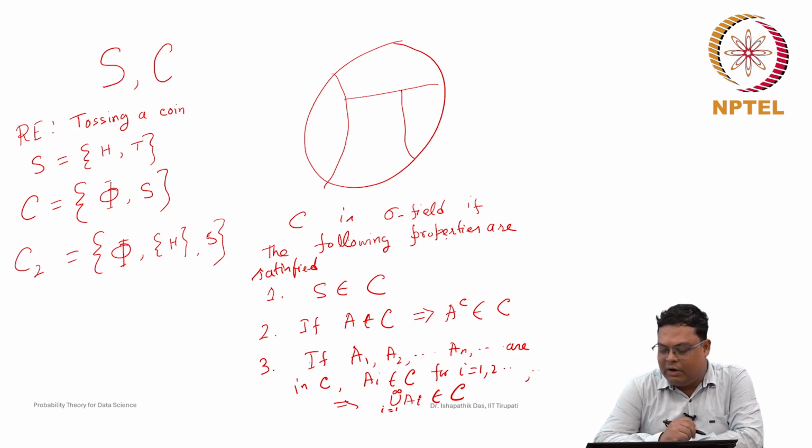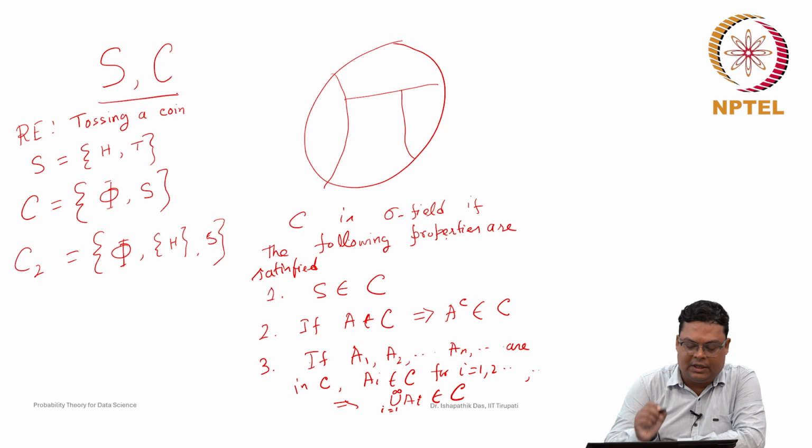So, if these three properties are satisfied by this collection of subsets of S, then C is known as a sigma field. So, this is a sigma field.